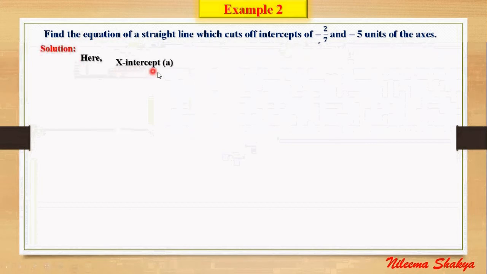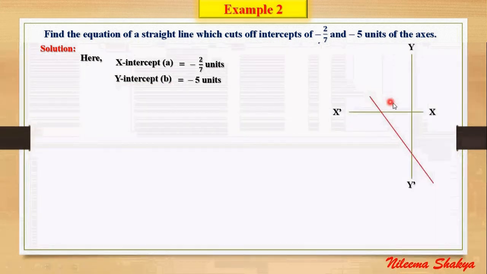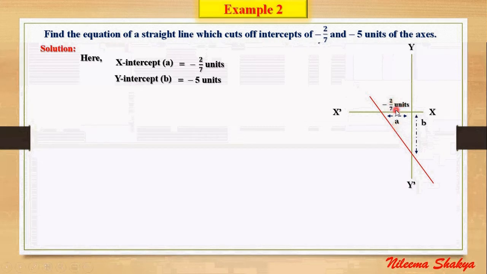In the question, x-intercept A is given as minus 2 by 7 units and y-intercept B is given as minus 5 units. The figure is here. The line is here with the x-intercept negative and the y-intercept also negative.